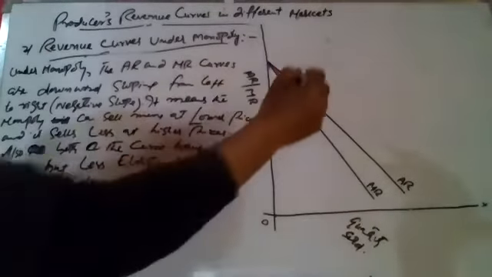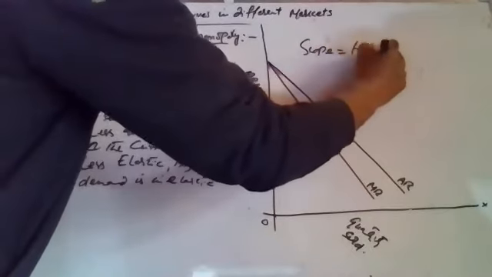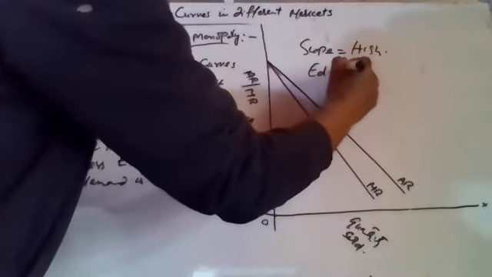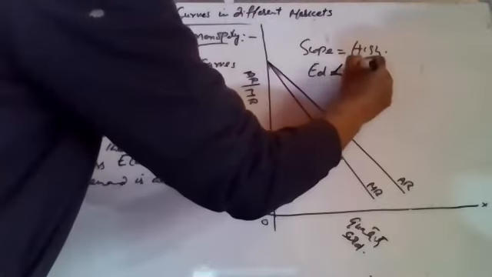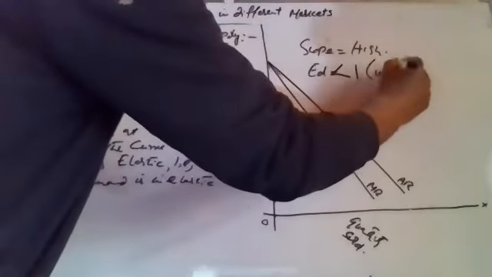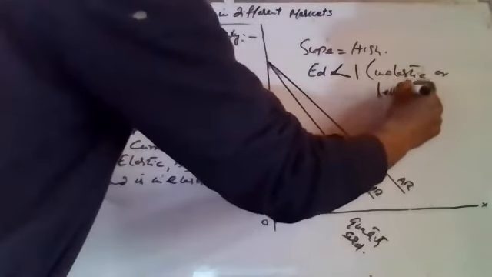Inelastic means less than 1. That means slope is high. The elasticity of demand is less than 1. It's inelastic, or less elastic.